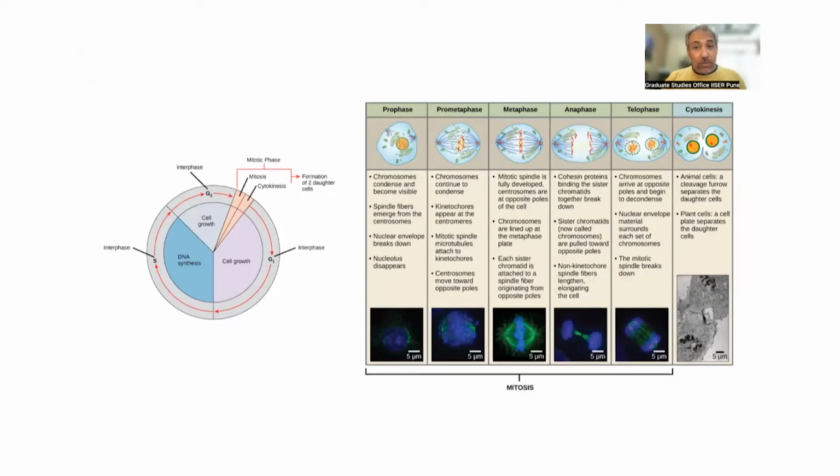What we do know is that since we've looked at a cell and we've looked at all the major machineries that are operating in a cell, we have a sense that for this machinery, there has to be a mechanism to give it to the two daughter cells as well, right?